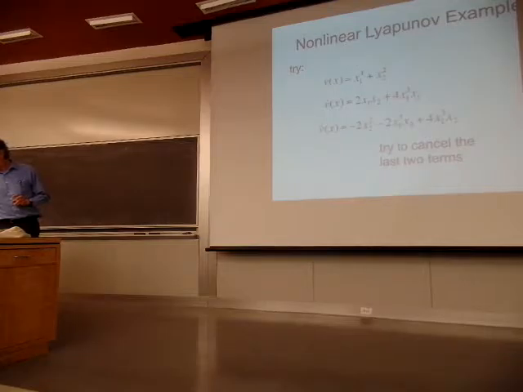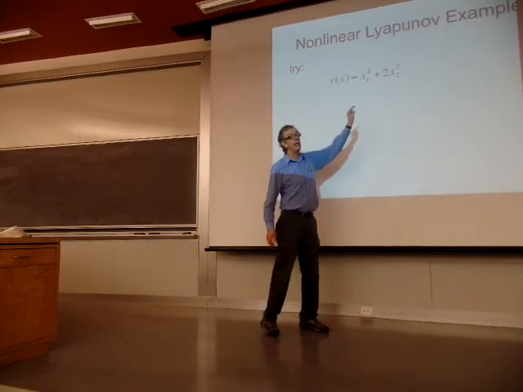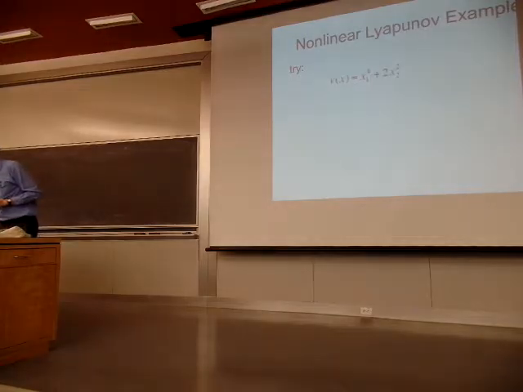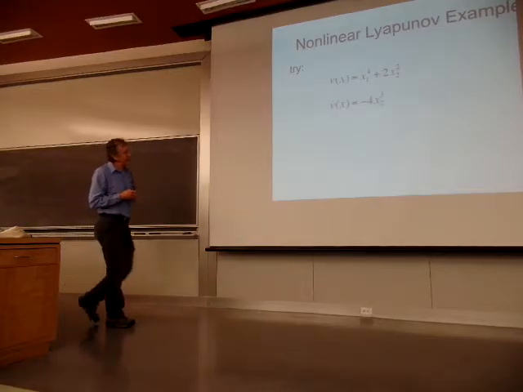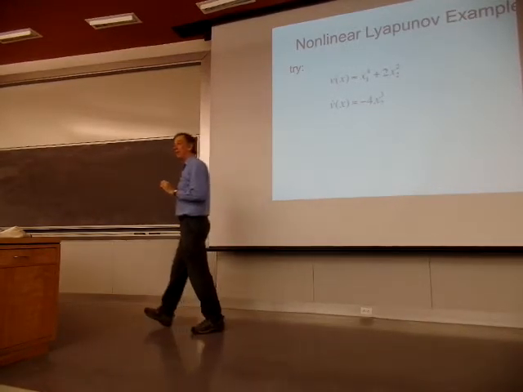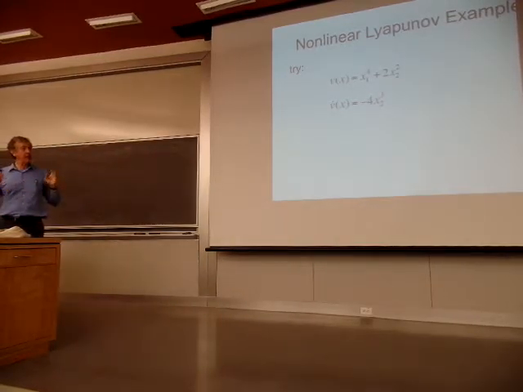And the way to do that is try this: 1/4 of 2x2 squared. Satisfies that. Look at this derivative now. I said cubic there, but x1's disappeared. So does that satisfy the conditions for all x1s?